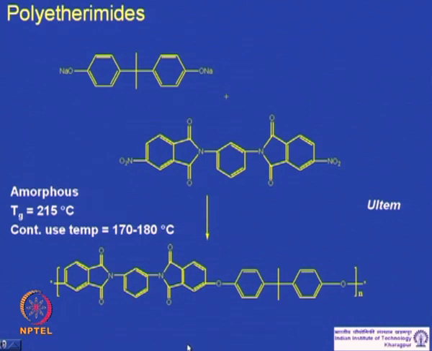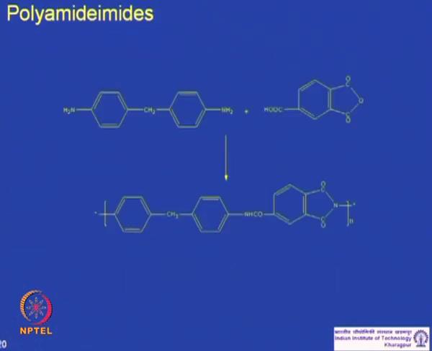Obviously, these polymers are costly because they have such high performance and they are also difficult to synthesize. They are much costlier than the common polymers. Another set of polymers is polyamideimides.